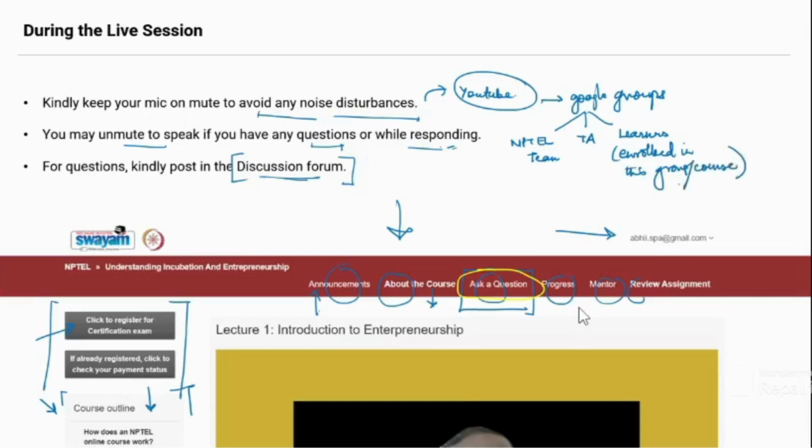All the learners who have been enrolled in Understanding Incubation Entrepreneurship, irrespective of whether they are registered for the exam or not, are also part of this Google Groups discussion.